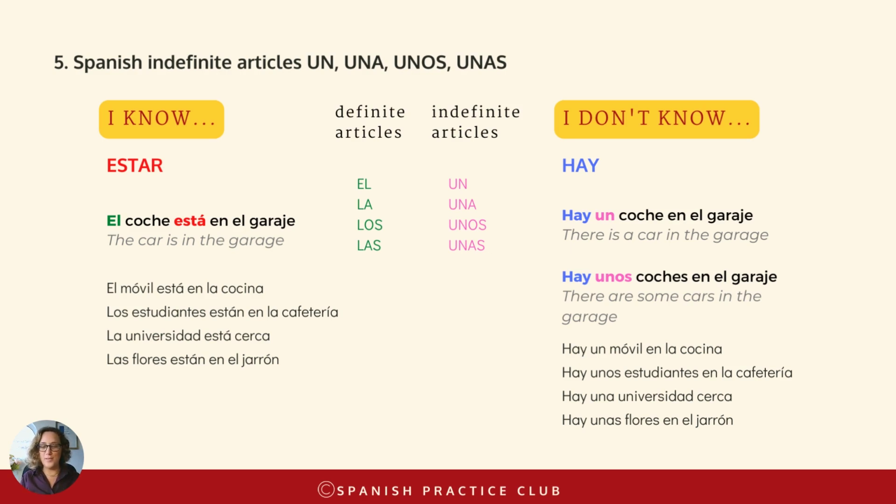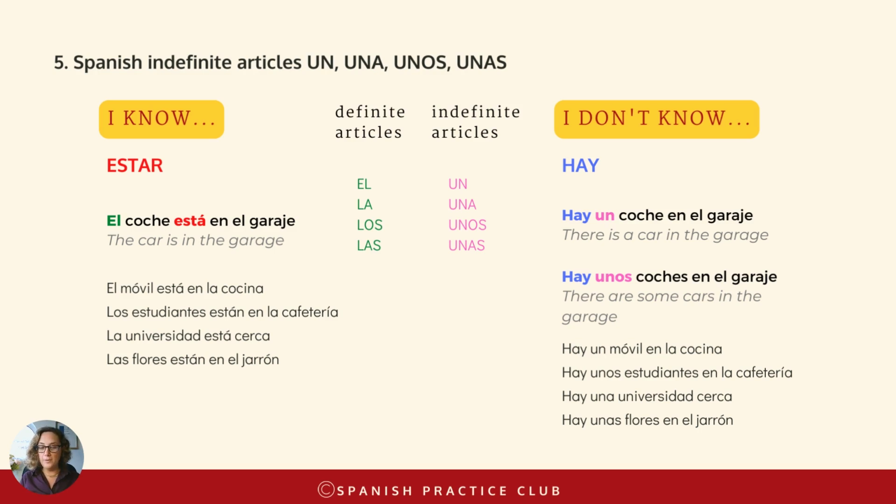Notice what the difference is and how all this information works together. You would not be able to use the definite articles with hay and indefinite articles with estar. That will be the takeaway from this mini lesson. And we've got some examples in there that are in contrast with each other. For example, el móvil está en la cocina.